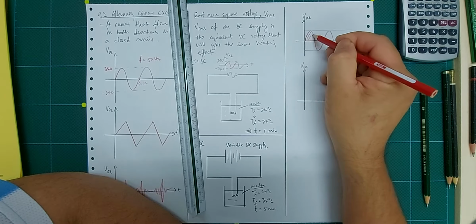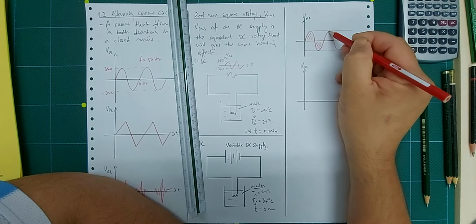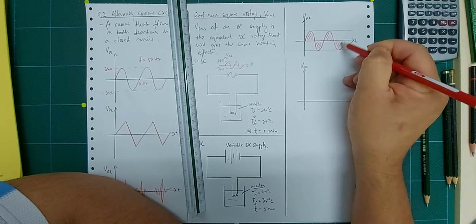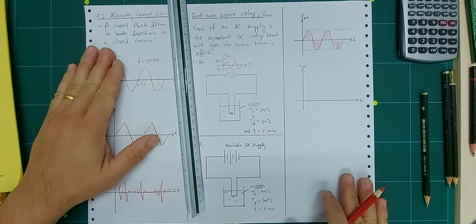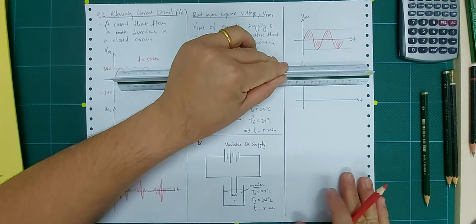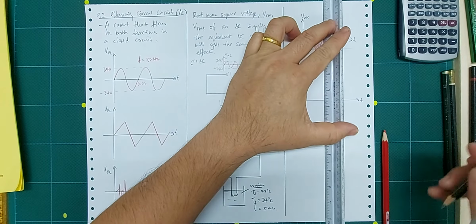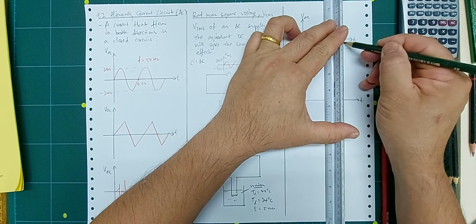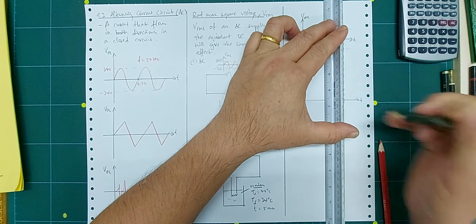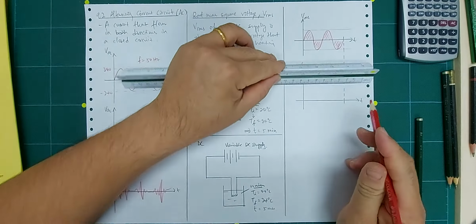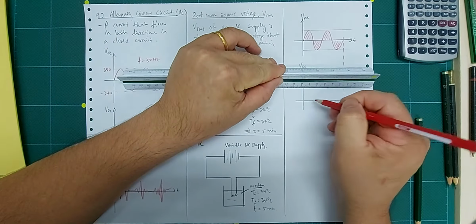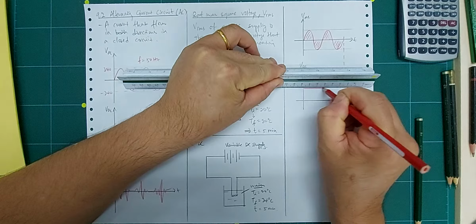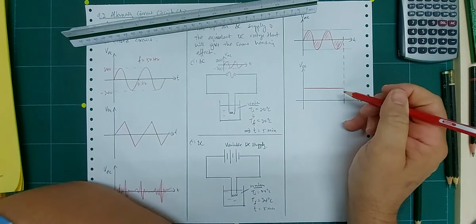Now this one is the area below the graph. The easiest thing to compare is like this, and then we have a DC power supply. Now let's assume in the same amount of time we want to compare who has a larger surface area. So now our DC should look like this, a constant V DC.